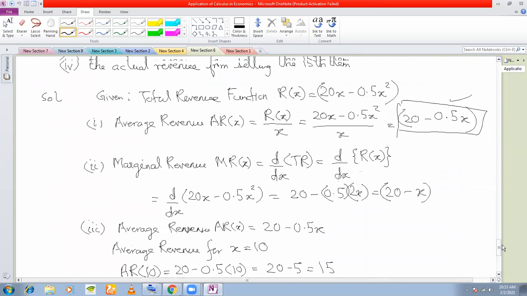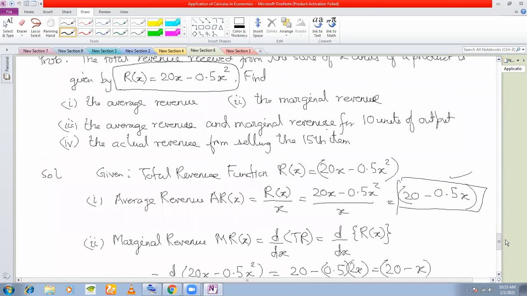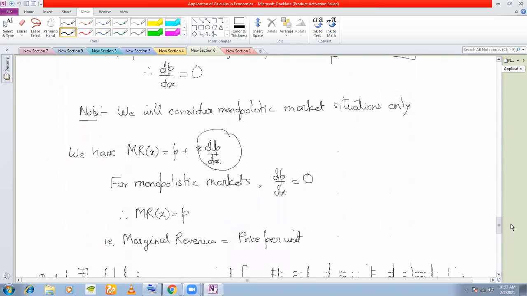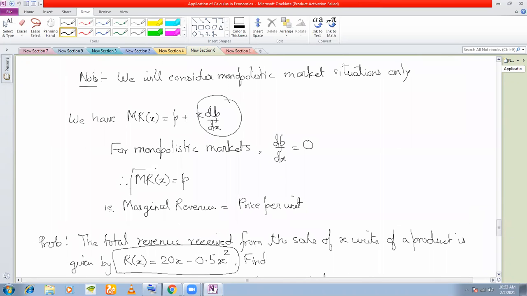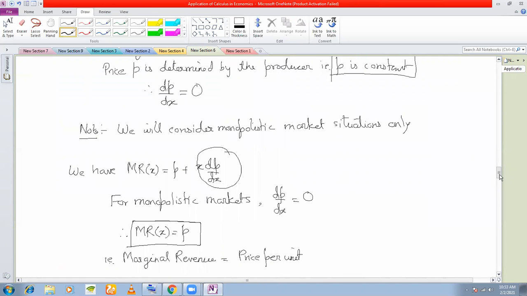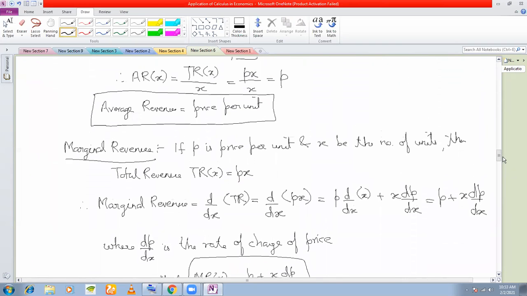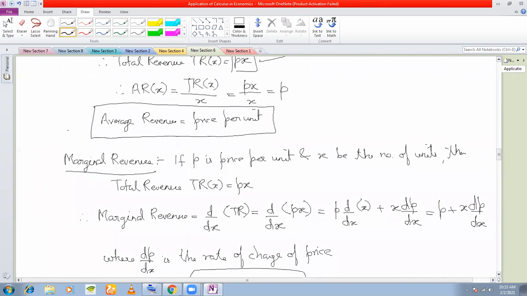I showed you that marginal revenue is equal to price per unit, isn't it? I also showed you that average revenue is equal to price per unit. That means AR must be equal to P, right?